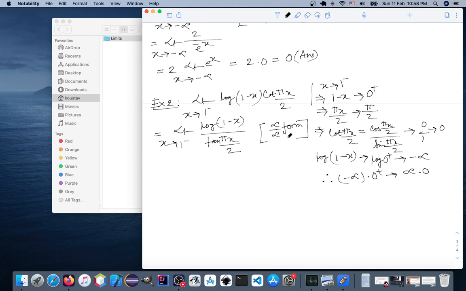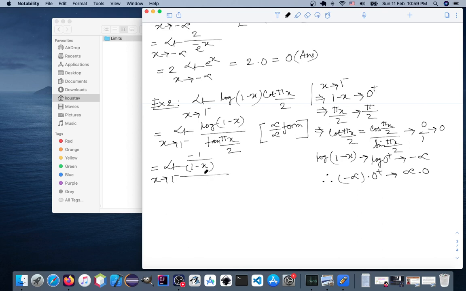Now we can use L'Hopital's rule and proceed further. We differentiate the numerator and the denominator. We get minus 1 by x in the numerator, and for tan(pi x by 2), if you differentiate tan x, we get sec square x, and also pi by 2.